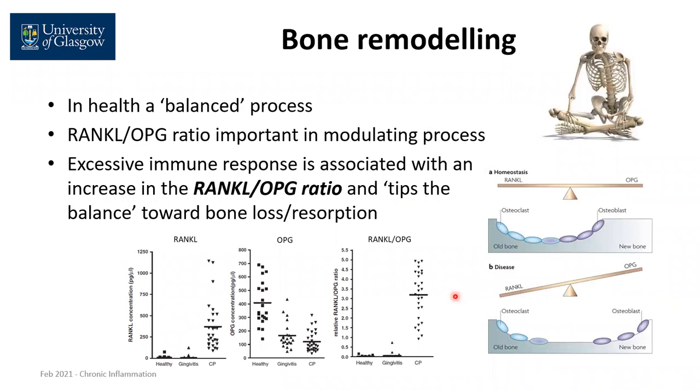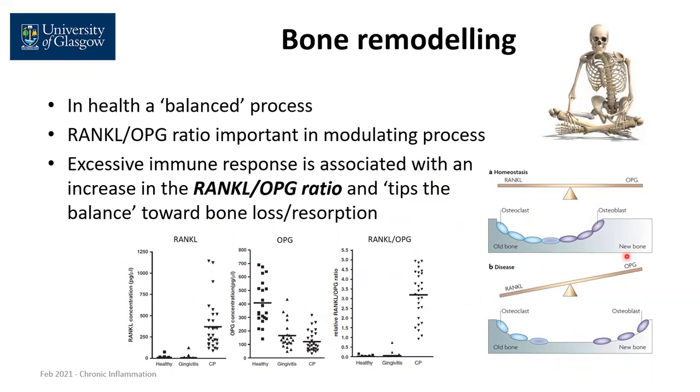And as I've said, in health, this is a balanced process. And the ratio between RANKL and OPG is important in modulating this process. However, in certain diseases, such as periodontitis, you do start to see a shift in this ratio, which basically results in a tipping of the balance between bone loss, or bone resorption, and bone formation.